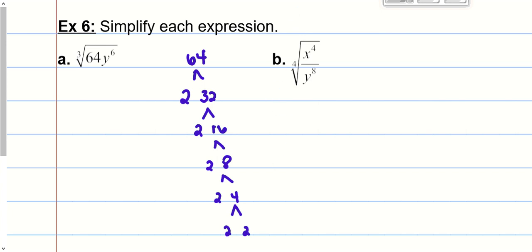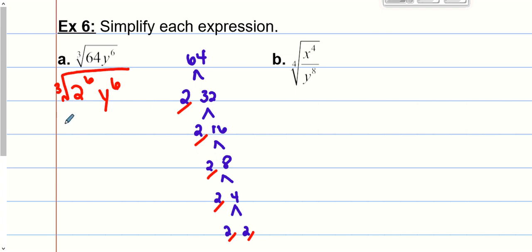So I have 1, 2, 3, 4, 5, 6. I can rewrite over here as the cube root of 2 to the 6th, y to the 6th. So 64 is written as 2 to the 6th because when I did my factor tree there were 6 2's.